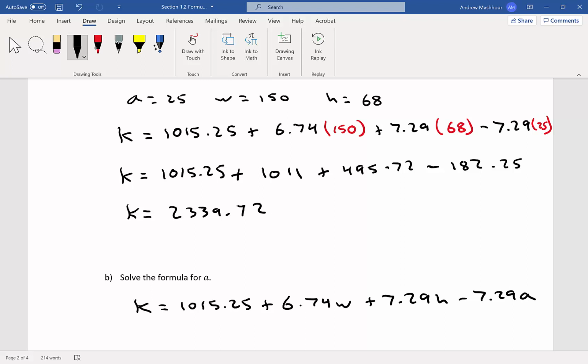So now, just like what we saw in the previous section, if I want to get A by itself, I want to start moving all these other terms to the other side of the equation. So I want to get this term by itself to begin with. In order to do that, I have to start moving all these other terms to the other side.